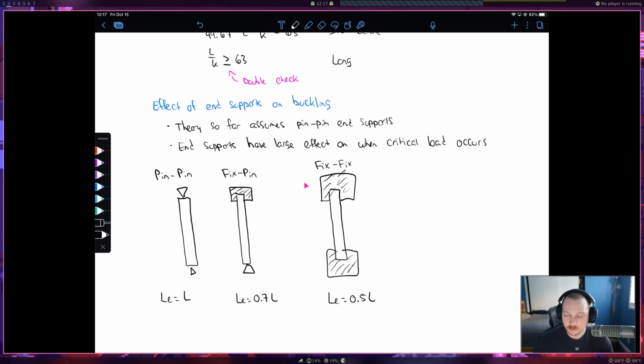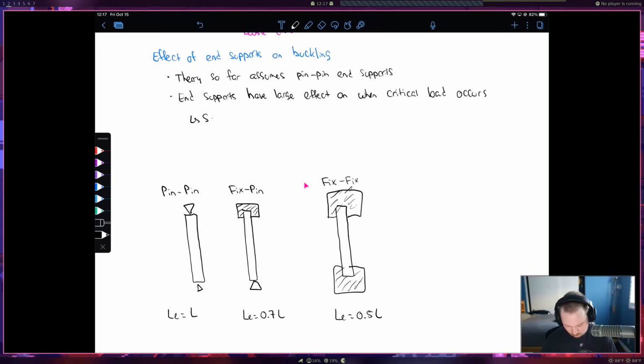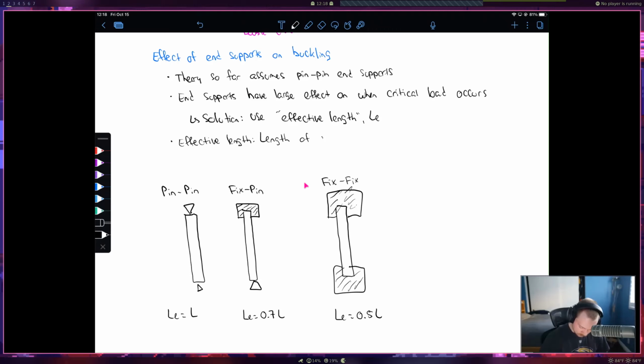Okay, and again, effective length for fix-fix is 0.5 times the length of that column. Okay, there we go.